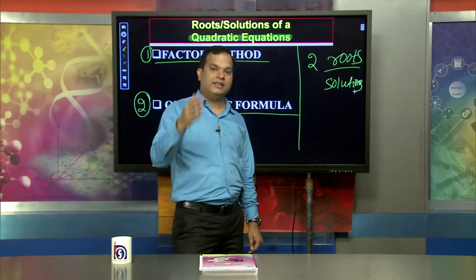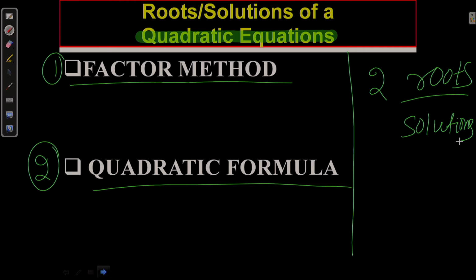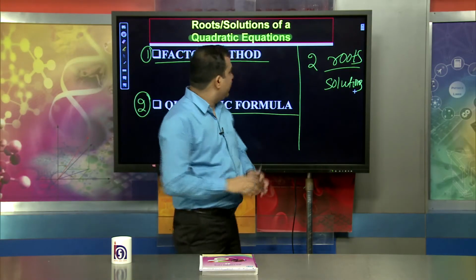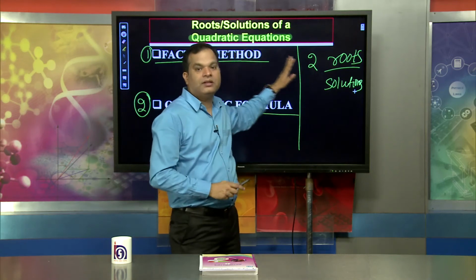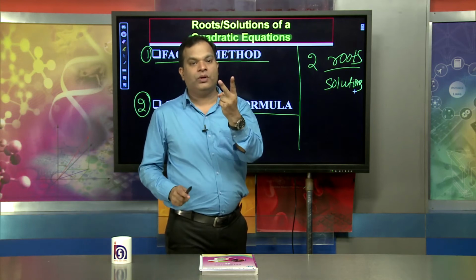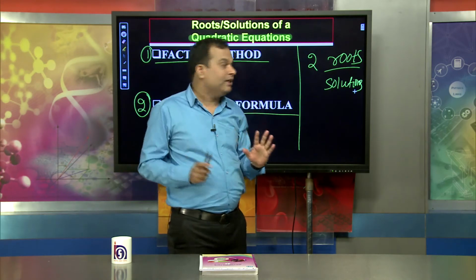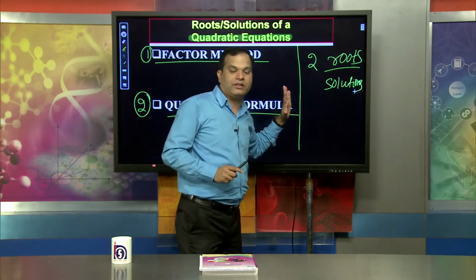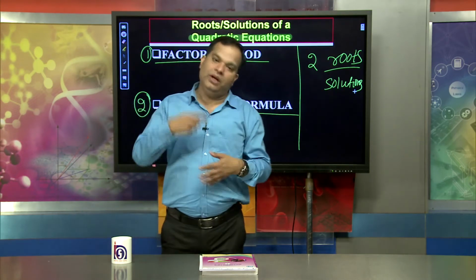The reason is that in a linear equation the degree is 1, so there is one solution. In a quadratic equation, the degree of the unknown quantity is 2. That's why you will find two roots, or solutions, for the quadratic equation. What is the nature of the roots? We will discuss.